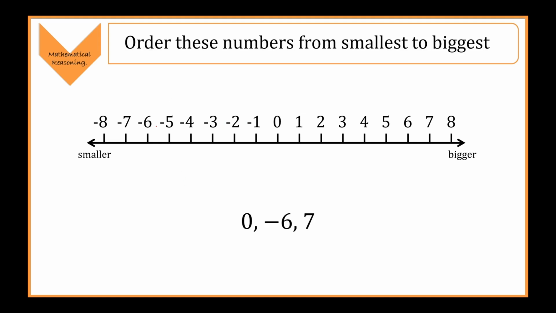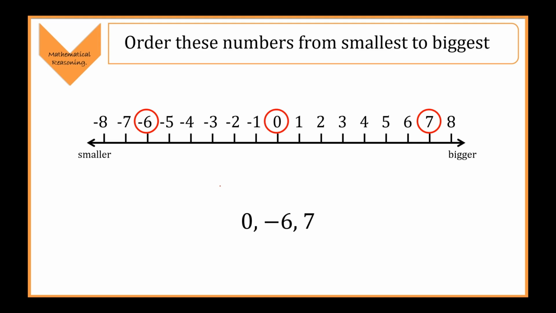Okay, now here's another example. It says to order these numbers from the smallest to the largest. Our first step should be to identify where they are on the number line. So I have -6, 0, and 7 on the number line. Since it says to order from smallest to biggest, I'm going to focus on the smallest number first, since the closer your number is to the left-hand side, the smaller it is.